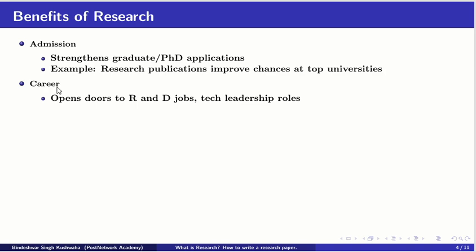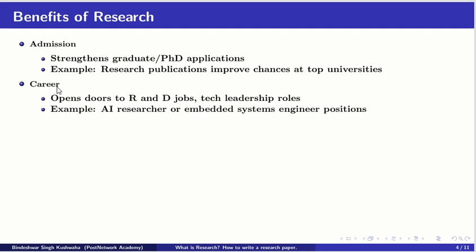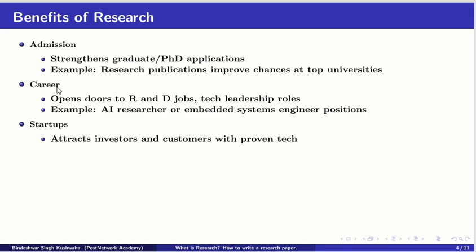Career: it opens doors to research and development jobs and leadership roles like AI researcher or embedded systems engineer positions. Startup: if you are starting one, it attracts investors and customers with proven tech. If you have research papers, it really attracts investors. Not only research, but you should have development skills.